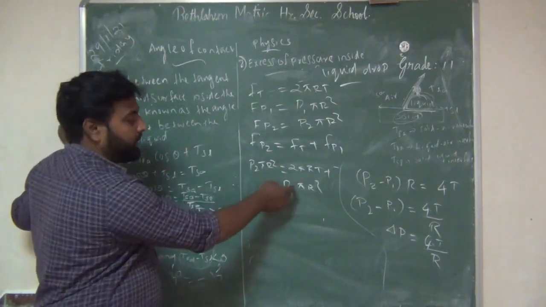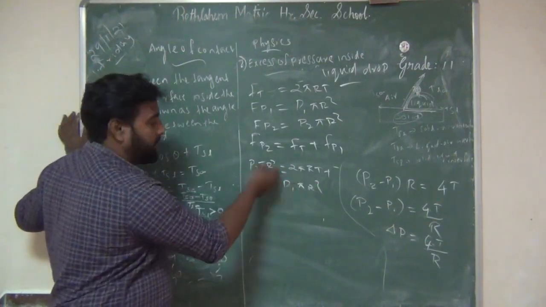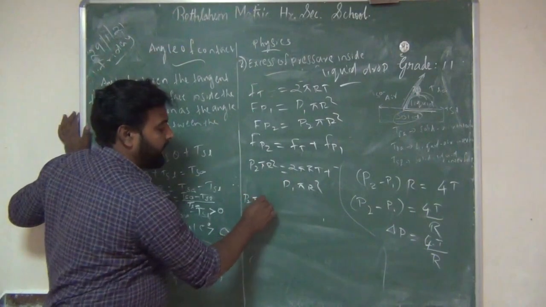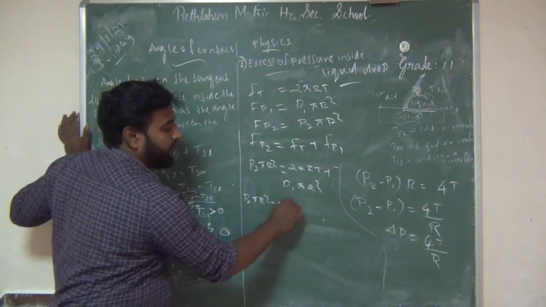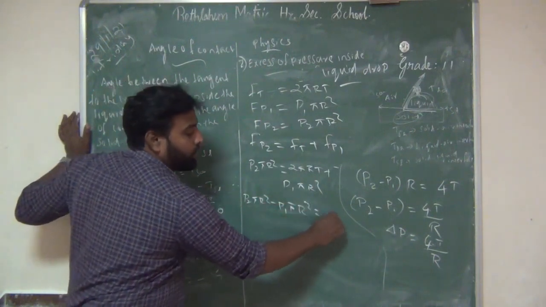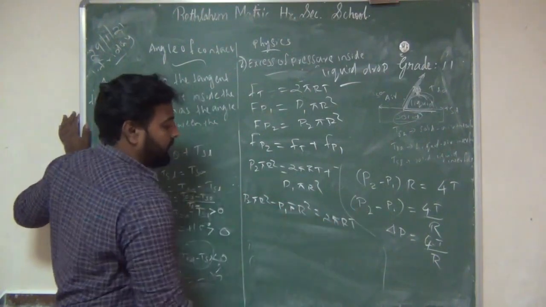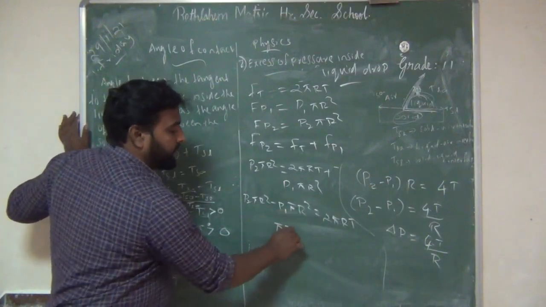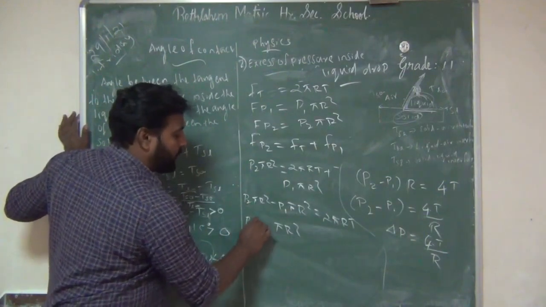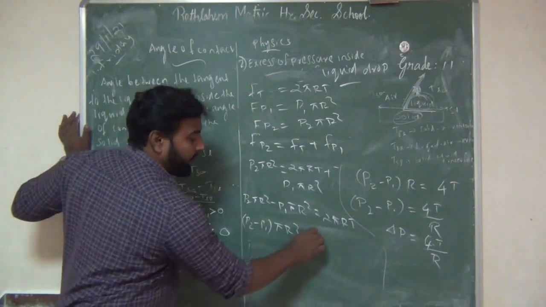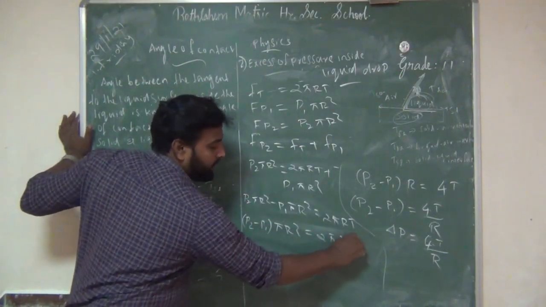Now we have to take this term to this side. So P2 pi r square minus P1 pi r square is equal to 2 pi rt. Take this pi r square outside, so (P2 minus P1) inside the bracket is 2 pi rt.